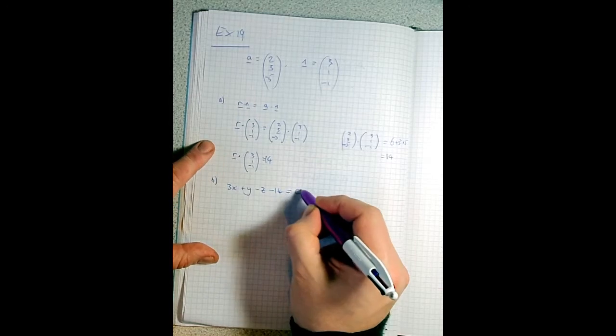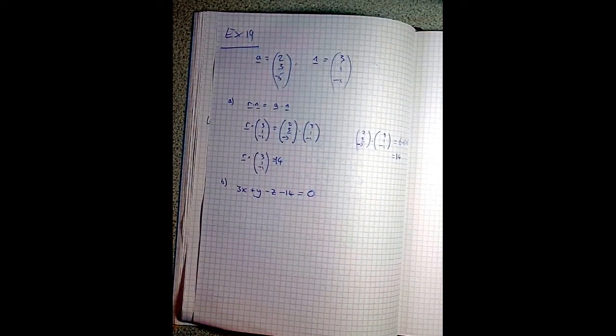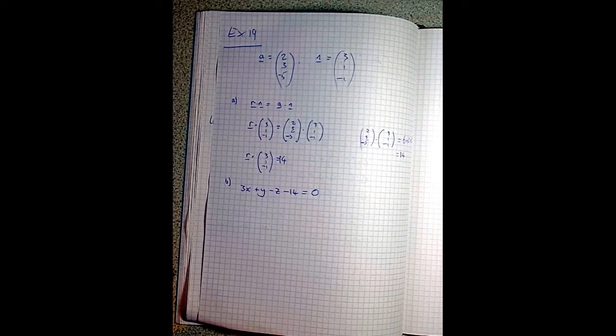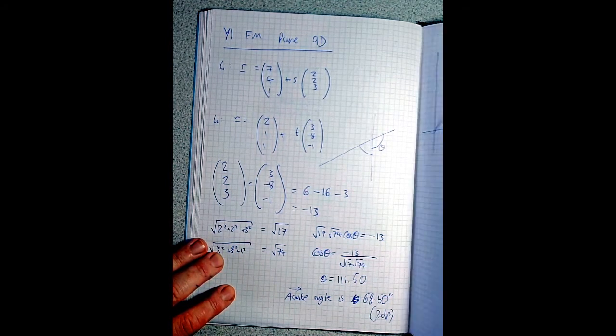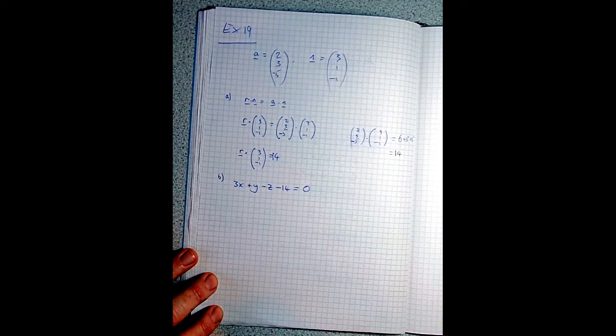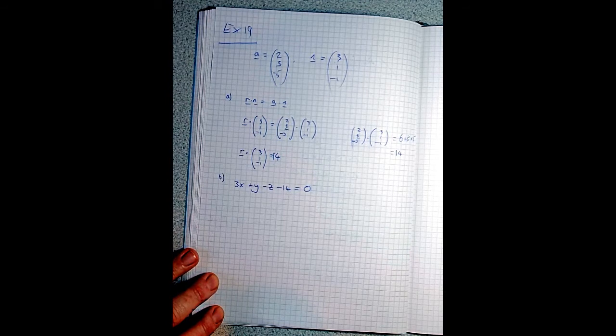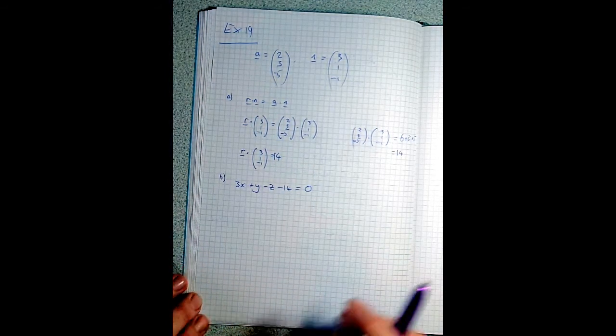That must then equal 0. Straightforward enough, isn't it? If we can get our head round, or even just remember r dot n equals a dot n, this isn't too bad, I don't think. I'll do 20 and 21 and you can pause and rewind as you wish.